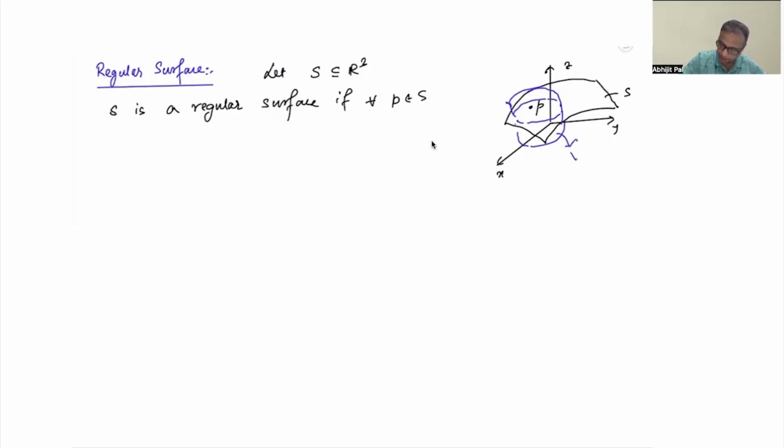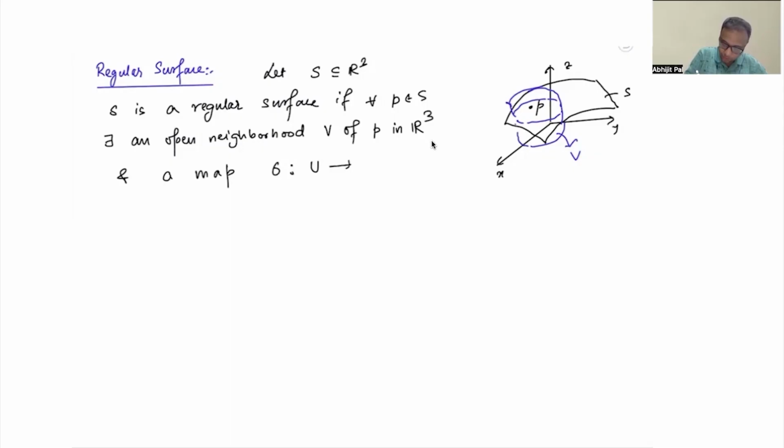This open neighborhood of P in R3, I call it B. So for all P belonging to S, there exists an open neighborhood B of P in R3 and a map sigma from U to B intersection S. So this is my U here, in R2, and I have a map sigma, landing inside this B, and sigma of U is equal to B intersection S.